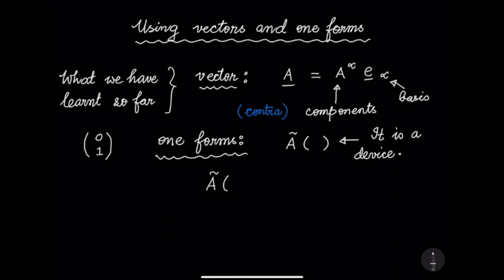The one forms can also be written in terms of the components of the one form and the basis one form. So this is again a one form, but this is the basis one form, and these are the components.